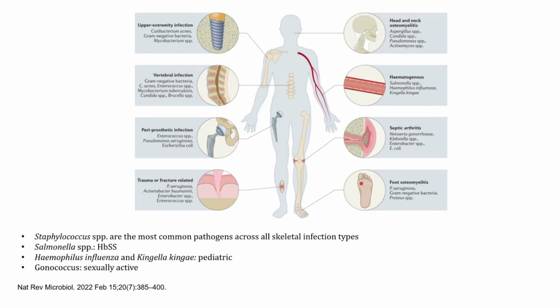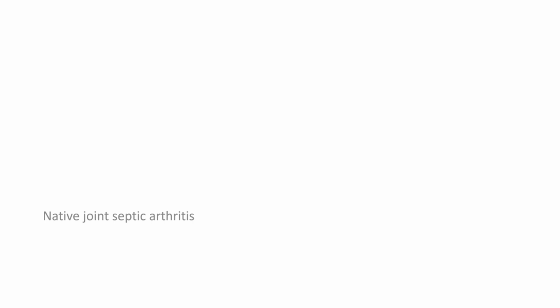Hematogenous is the point: people with sickle cell disease have a predisposition to Salmonella osteomyelitis. We all know that association. Gonococcus, another OG septic arthritis bug. This was a really nice review in Nature Reviews, pretty recent, that had this really cool picture. So moving on, I'm going to try to go through most of these entities.